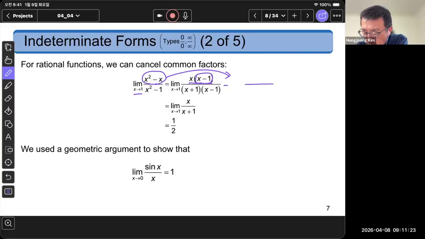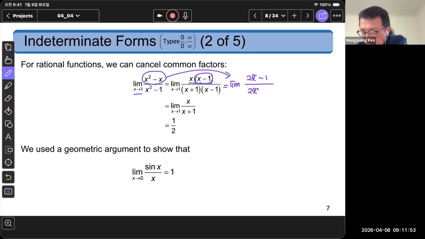And if I differentiate x, you get 1, so the numerator's derivative is 2x - 1. For the denominator, if I differentiate x^2, you get 2x, and if I differentiate -1, you get 0.